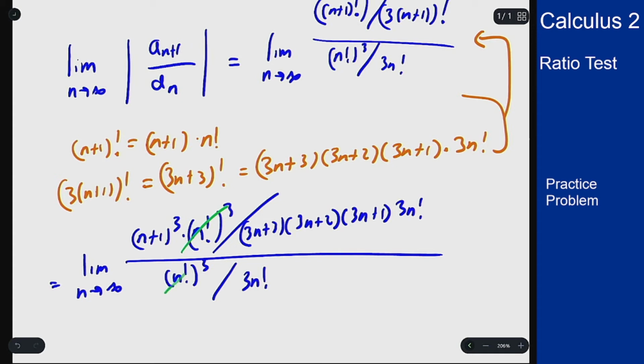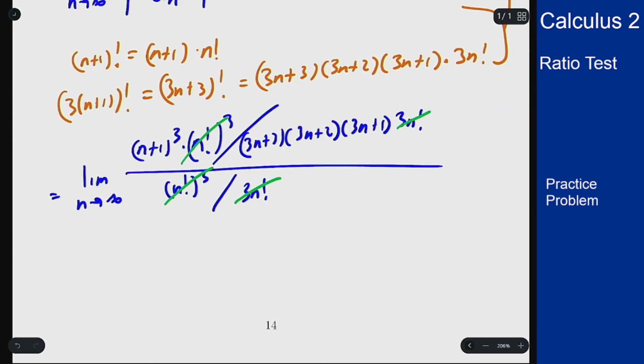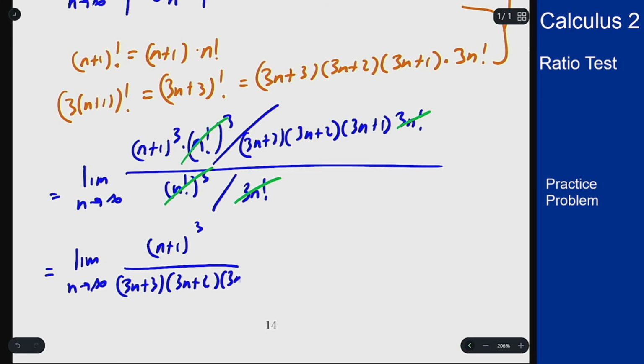The n factorial cubes will cancel, the 3n factorials will cancel, so I am left with the limit as n goes to infinity of n plus 1 cubed over 3n plus 3, 3n plus 2, 3n plus 1.